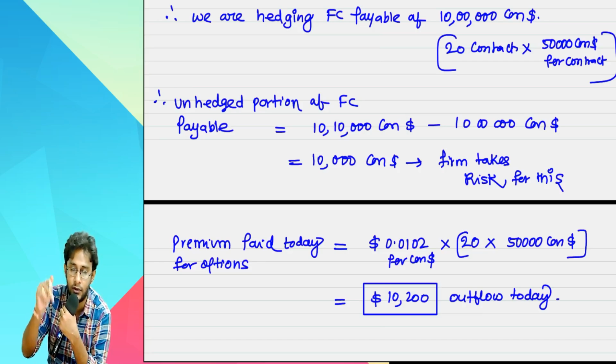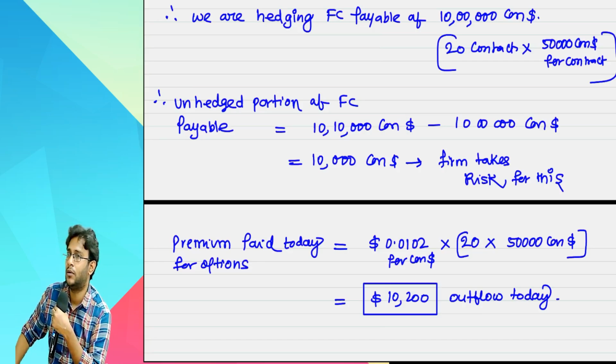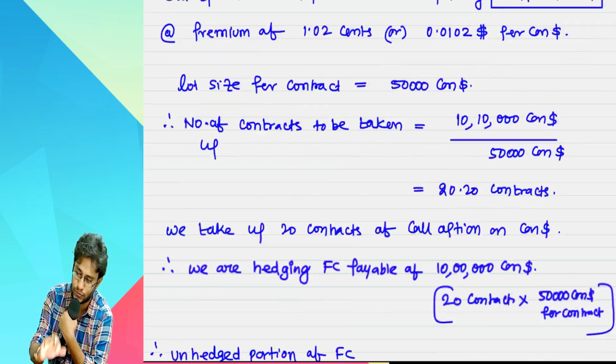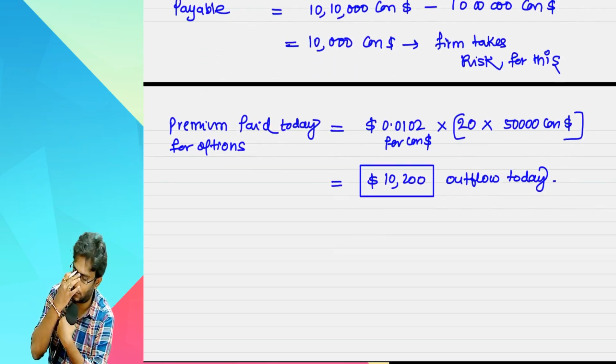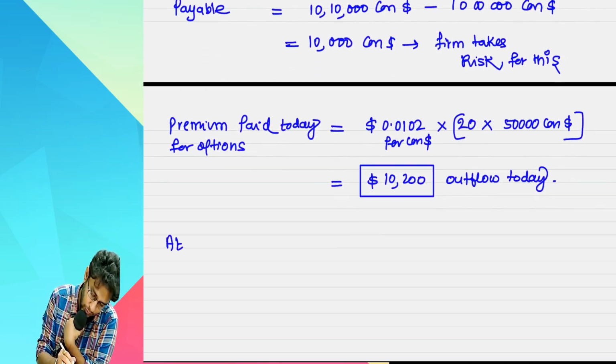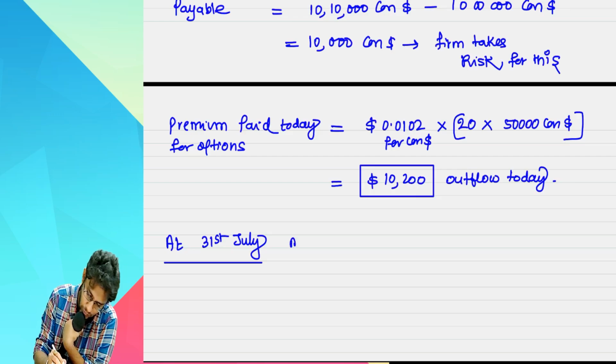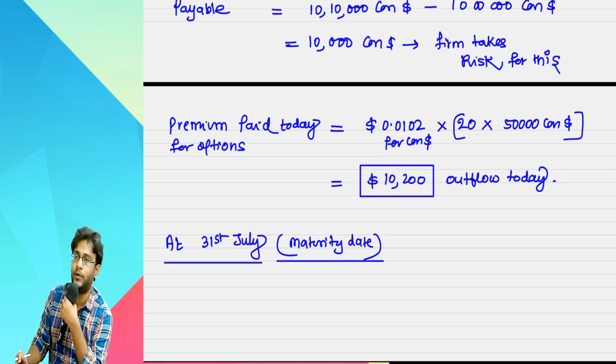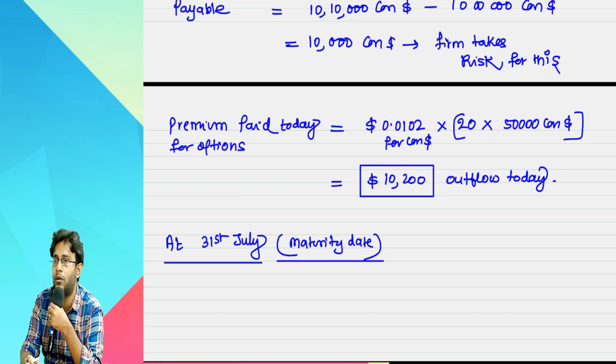Still standing today only. So what will happen in 1 month's time we don't even know, but already we have discussed this much. At 31st July, maturity. Go and check, sir. Did the question give you any information about the future spot rate?